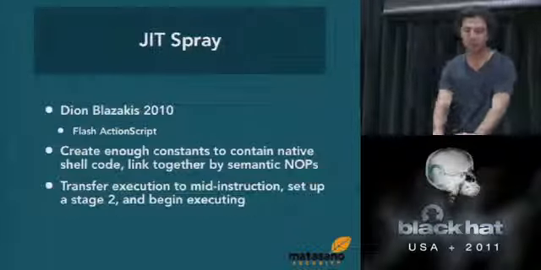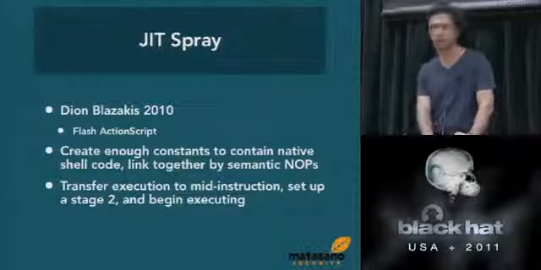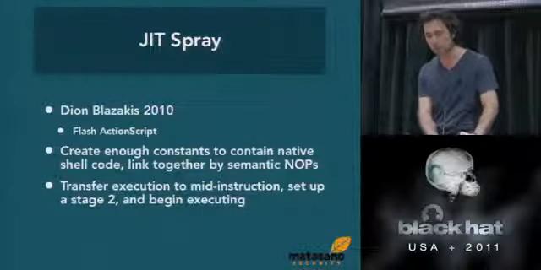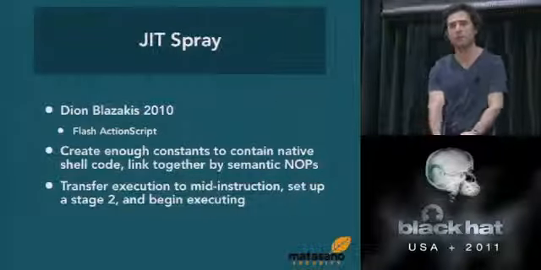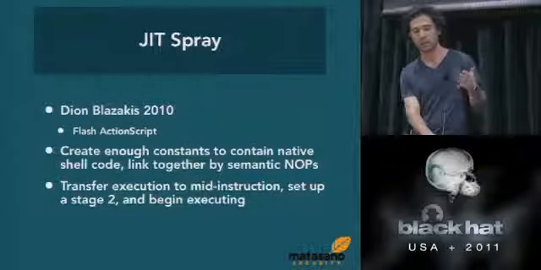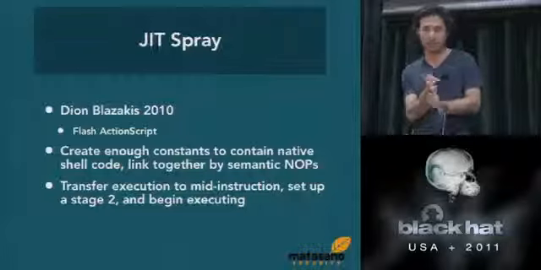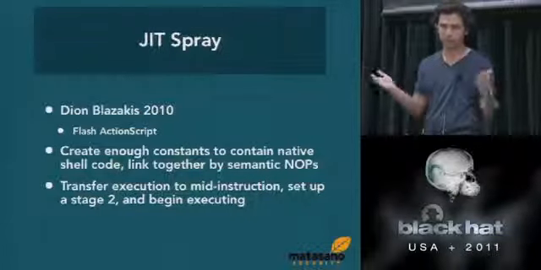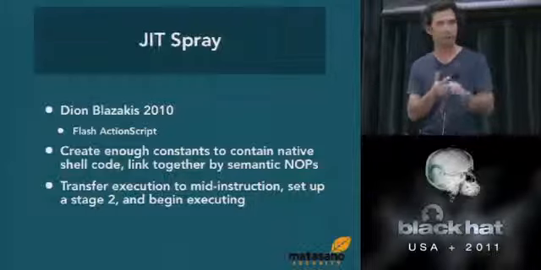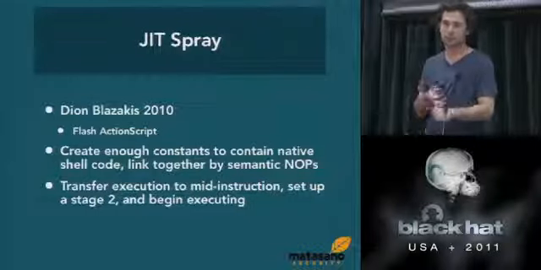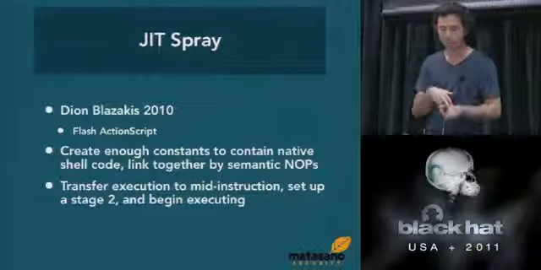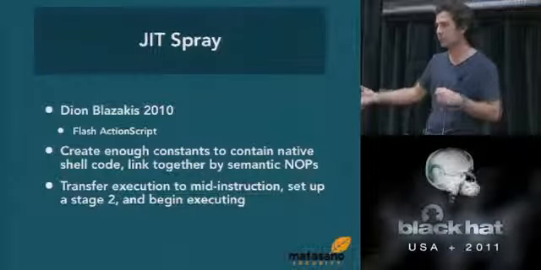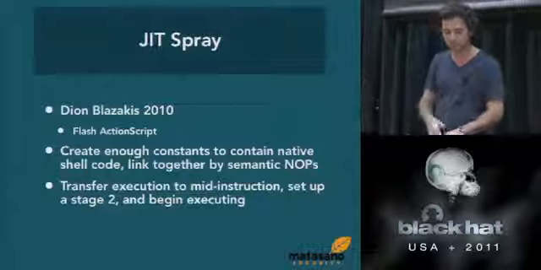So the JIT spray was targeted initially at Flash's ActionScript JIT, and the technique exploited the notion that x86 instructions aren't aligned, and you could have x86 instructions sitting anywhere in code. If you embed constants as immediates in instructions, if they're optimized, they're going to be straight in the code you're emitting.